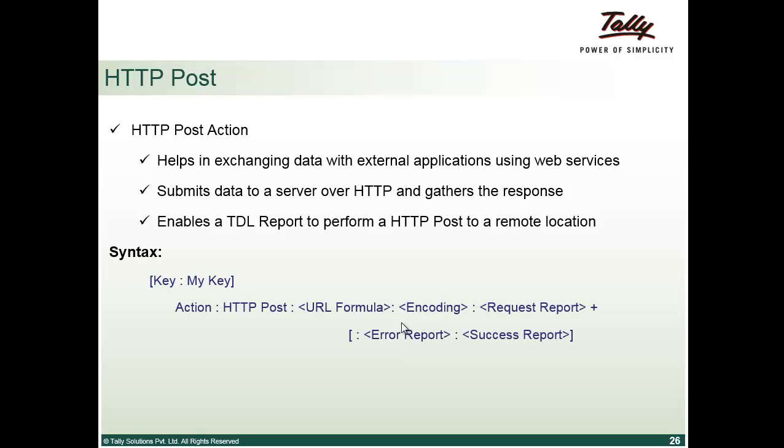And the syntax of this particular action is action : HTTP post, give the URL formula, its encoding, and the request report, the error report, and success report. So this particular action will be covered in detail in the integration capabilities session.